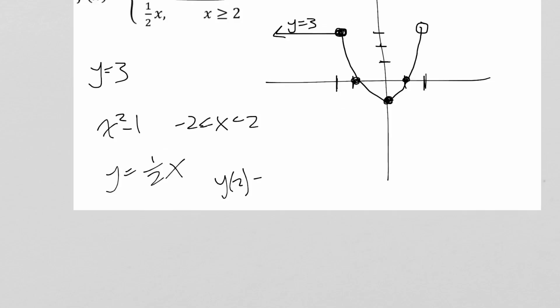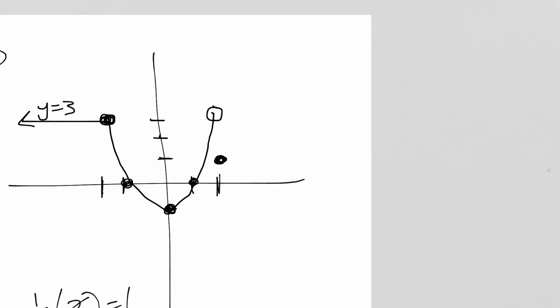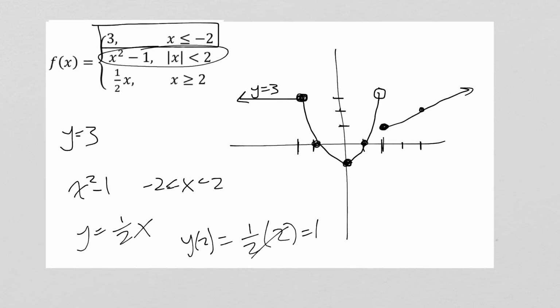Y of 2 would equal 1/2 times our x value of 2. 1/2 times 2 is 1. So I am starting right there. When x is 2, my y value is 1. And I know my slope is 1/2. So if I go 2 more tick marks over, I can go up 1. And I can say there's the line shooting off to infinity. And there we have it.